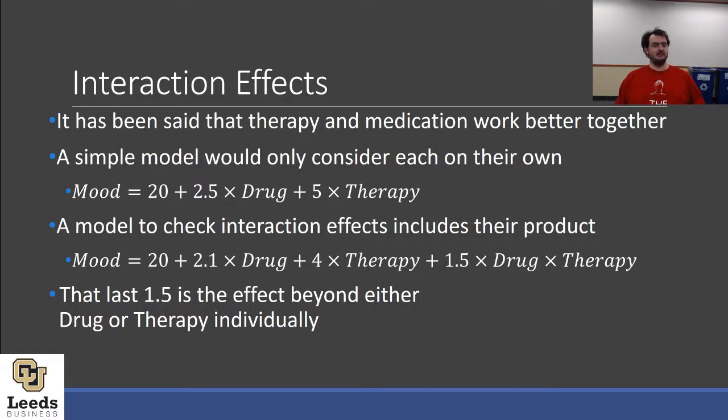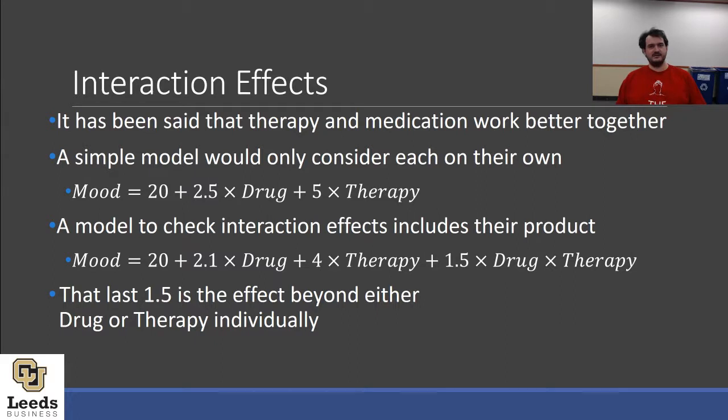Therapy is a little bit smaller. The effect of that is diminished as well. Why are they diminished? Because some of what there was in the simple model for drug or therapy really should have belonged to their interaction. So now that we've pulled it out separately and put it on the end, that decreases the magnitude of the effect that either drug or therapy have on their own.